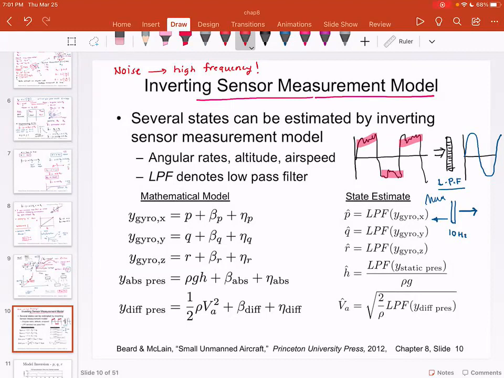So here is the basic idea. You have a gyro. This gyro is measuring about the x axis. This is the rate about the x axis. This also has some non-zero offset or bias, and it has some random noise.